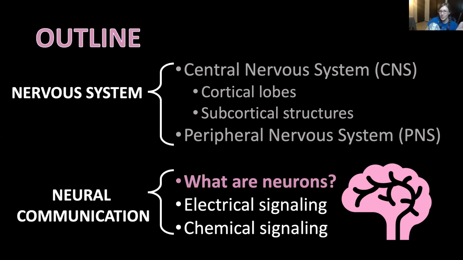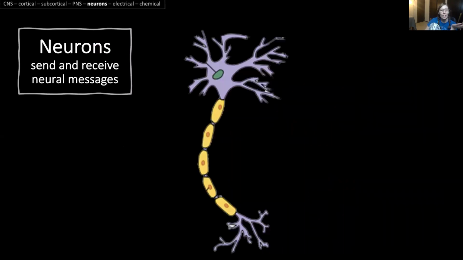So first we have to talk about what neurons actually are before we can talk about how they communicate. So this is a neuron. Neurons are basically the cells that send and receive neural messages. So parts of your brain and spinal cord are the things that send messages to each other. So let's break down the parts.